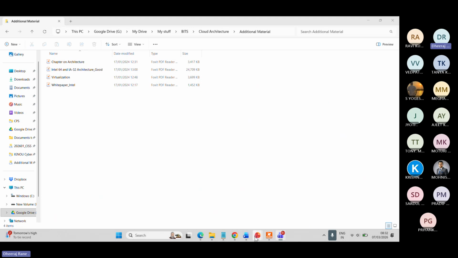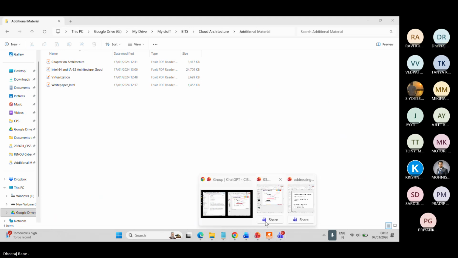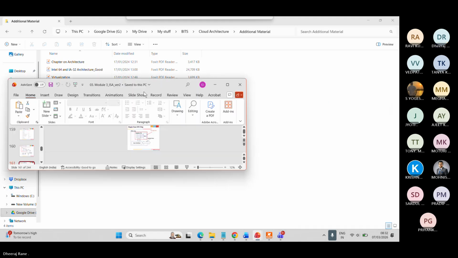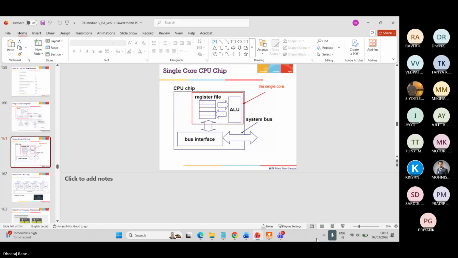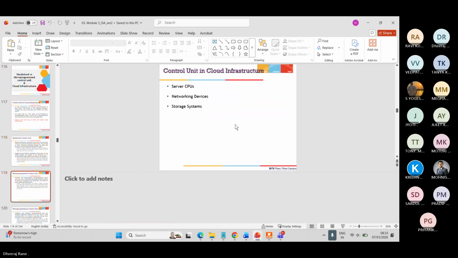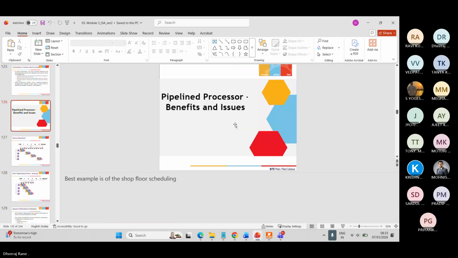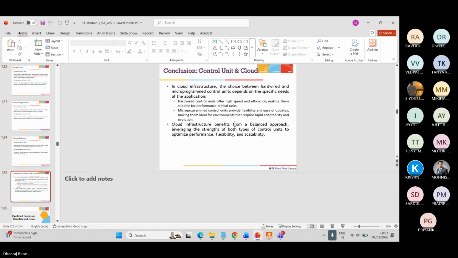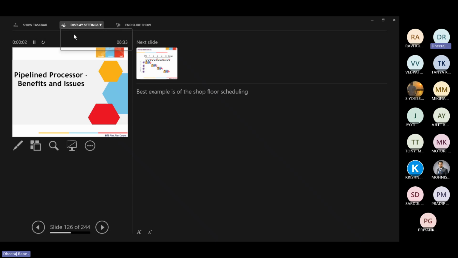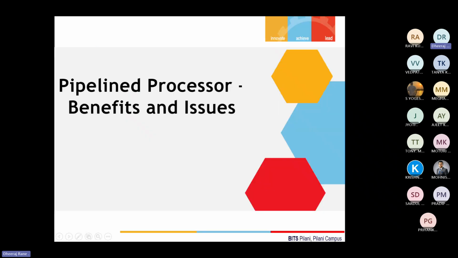Now coming back to our module, we have gone through the pipeline processor as well. The basic concept we have already seen.